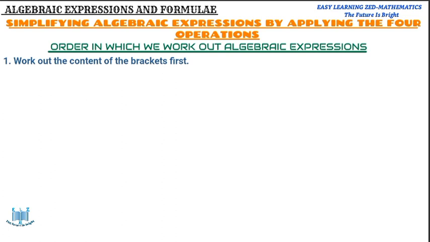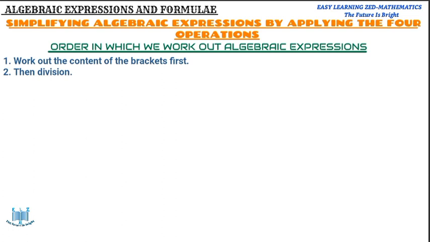So if the algebraic expression given has got brackets, you focus on the numbers inside the brackets. Once you have worked out the numbers in the brackets, the next thing you need to do is focus on any expression that has division. So you focus on the division operation sign.